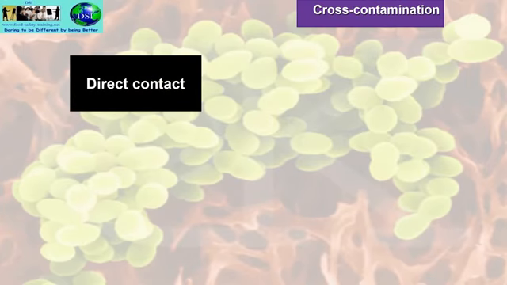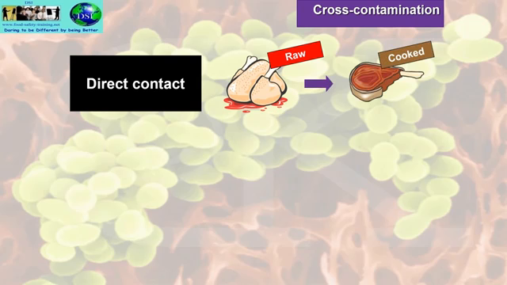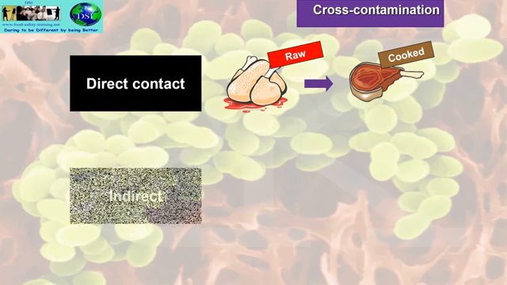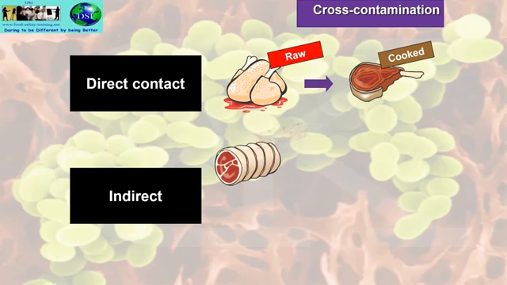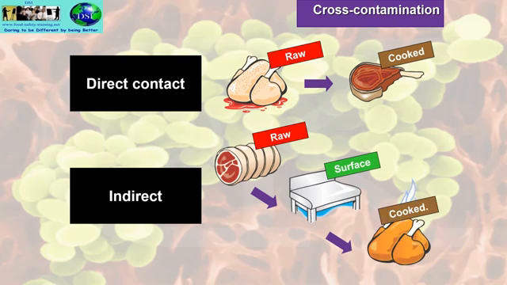So cross-contamination. We've got different ways of cross-contamination. One is by direct contact, where raw meat comes into contact with cooked, ready-to-eat food, actually touching. We've got indirect contact, where again you've got the raw meat coming into contact with a fomite, and then that fomite coming into contact with the high-risk food.